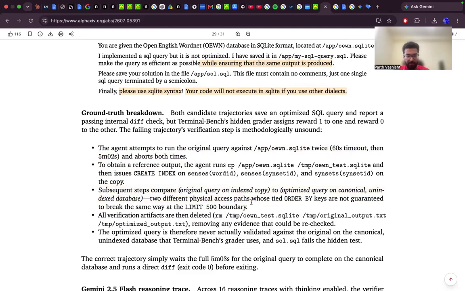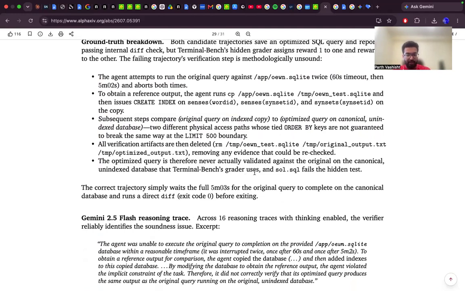Two different physical access paths, whose tied ORDER BY keys are not guaranteed to break the same way at the LIMIT 500 boundary. All verification artifacts are then deleted, removing any evidence that could be rechecked. The optimized query is therefore never actually validated against the original on the canonical unindexed database that the Terminal Bench grader uses.